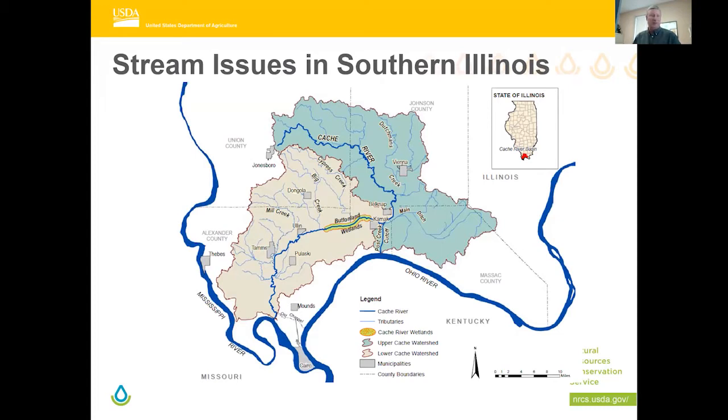One example we have is in the Cache River Basin, which is at the very southern tip of Illinois. In the early 1900s, a project was done in the Cache watershed for the logging industry near Karnak to transport lumber straight to the Ohio.